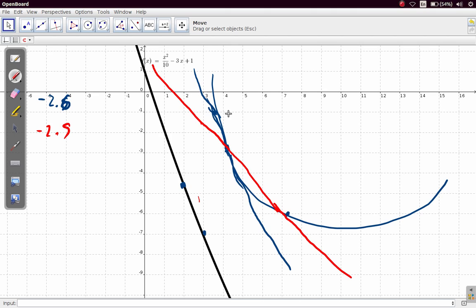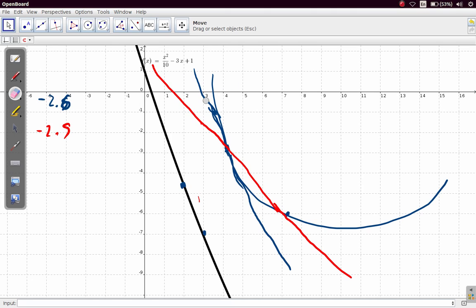So both lines are running from upper left to lower right, so they have negative gradient. But the line that we get from differentiation would be more steep. It would be a steeper line. It looks a bit messy here, right?